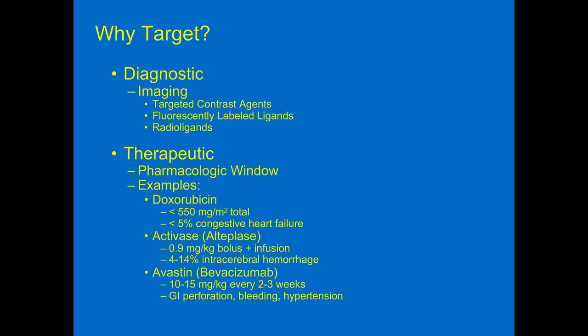And then, of course, there are radioligands, which is conjugation of radionuclides to ligands. This is the oldest type of imaging technology, actually. But in every case, you can load a targeted nanoparticle with the imaging agent.